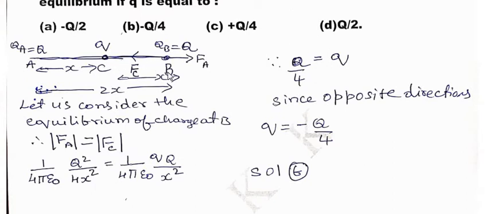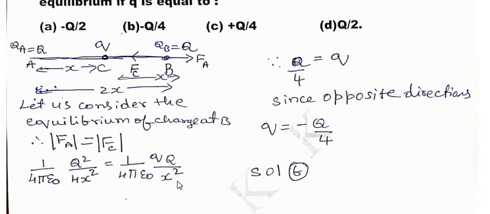FC is the force acting on B due to charge at C. So 1 by 4 pi epsilon naught into Q into q divided by x square. So now you can observe 1 by 4 pi epsilon naught gets cancelled. One Q gets cancelled. x square gets cancelled.